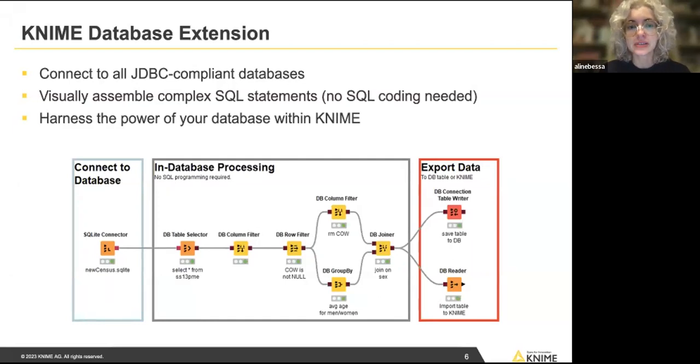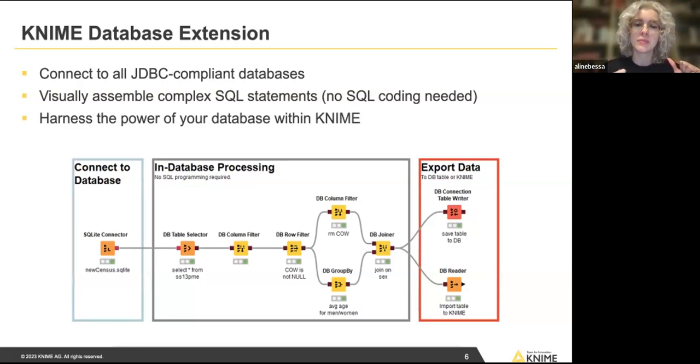But for all of the classic databases that we call the JDBC compliant databases, what does it really need, JDBC, this abbreviation? It means Java Database Connectivity Driver. It's a small piece of software that allows KNIME to connect to different databases.